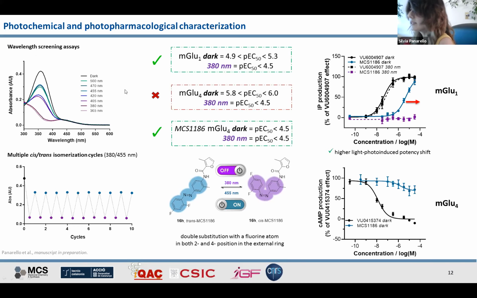So interesting. This compound displays very low activity towards mGlu4, and even less when we apply the light. So we achieved a compound with a high selectivity mGlu1 versus mGlu4.